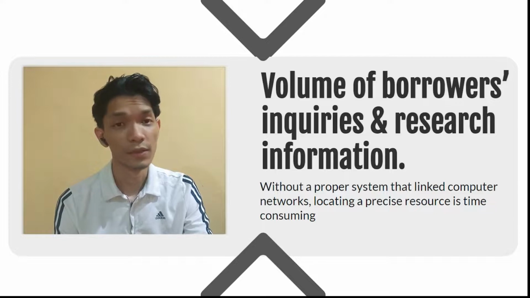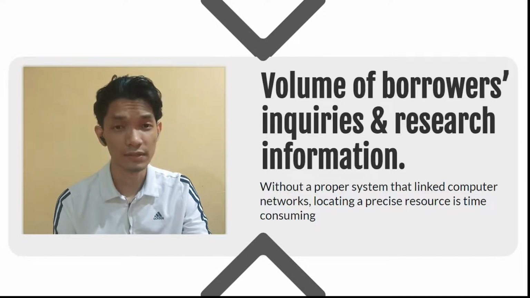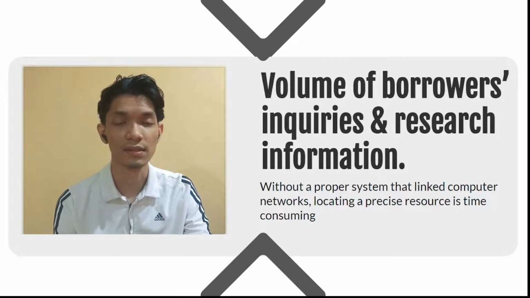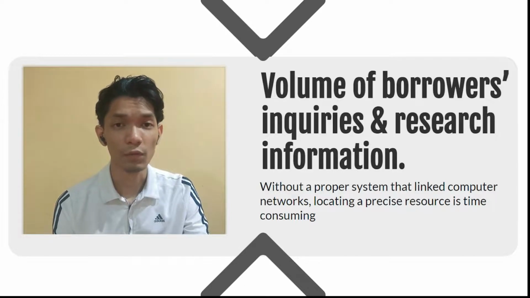Also, with a manual system, borrowers may struggle to comply with the recent explosion in information demands, including the volume of borrowers' inquiries regarding books and research information. Without a proper system linked to computer networks, locating a precise resource is very time-consuming.